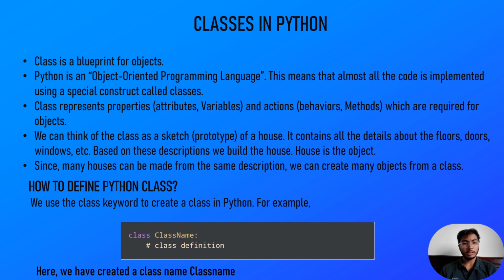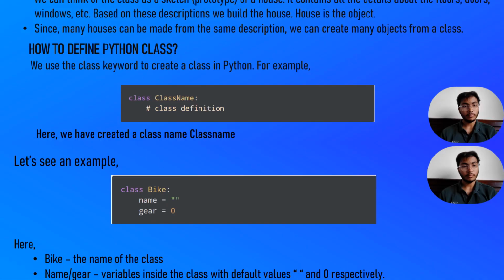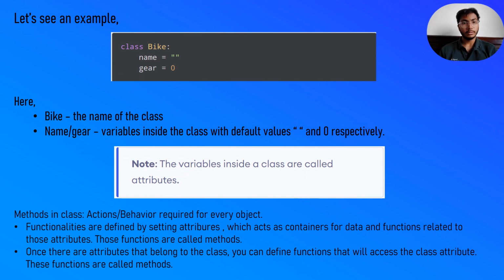How to define a Python class? We use the class keyword to create a class in Python. For example, here we have created a class named Bike. Here, Bike is the name of the class, and name and gear are variables inside the class with default values empty string and 0 respectively. Note, the variables inside a class are called attributes.